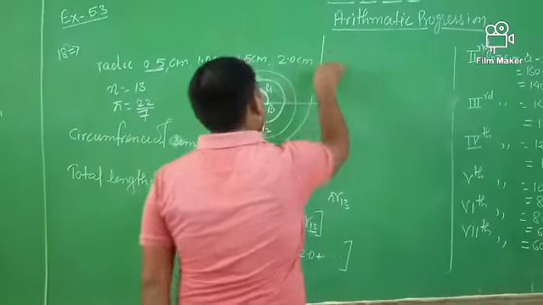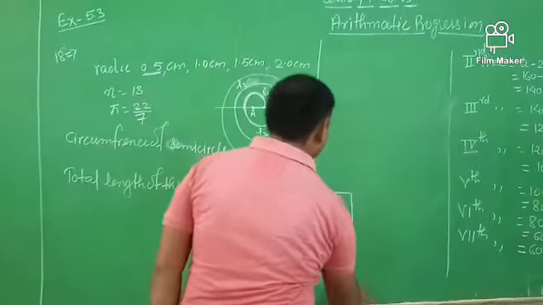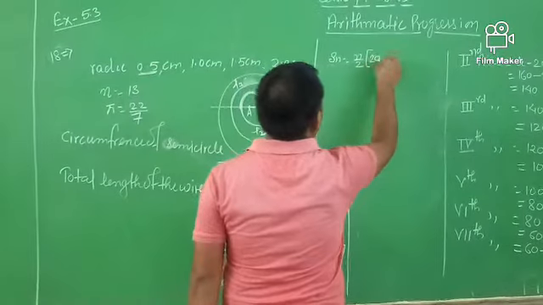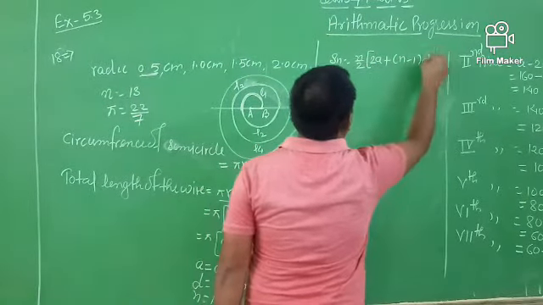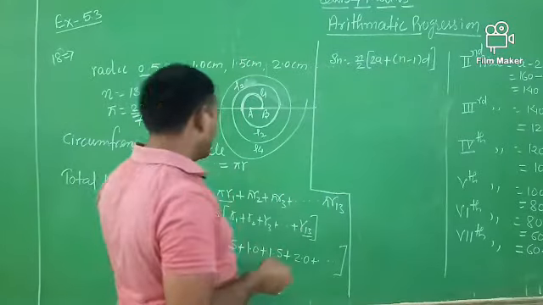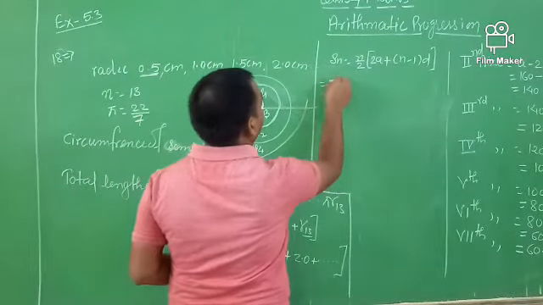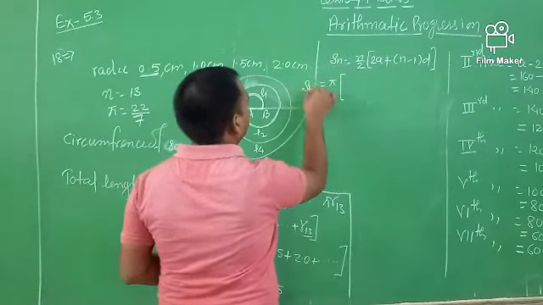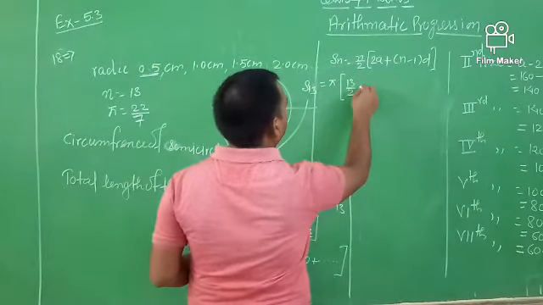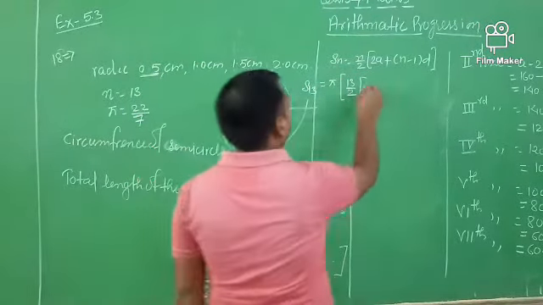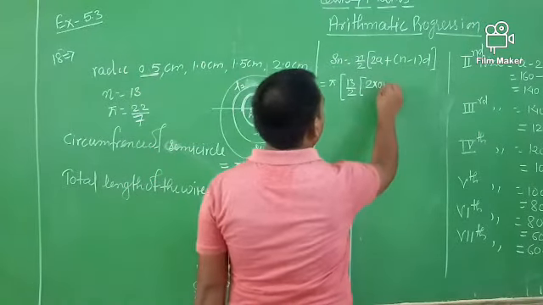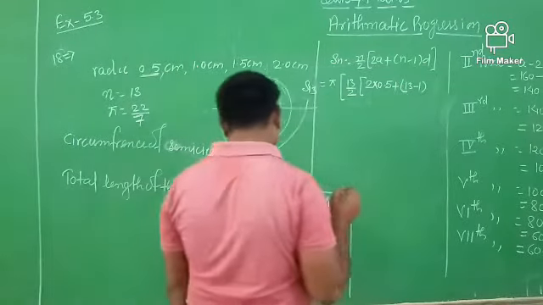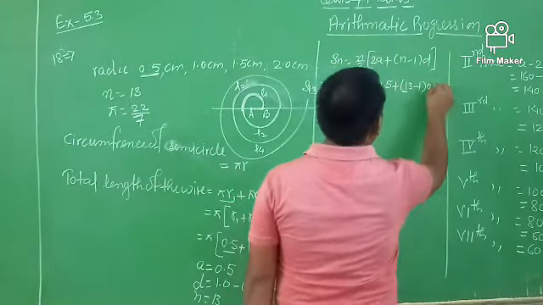So you apply the formula for the sum of n terms: Sn is equal to n by 2 times the bracket 2a plus n minus 1 into d. Putting the values in, this is pi times S13, which is 13 by 2 times the bracket 2 into a, the first term 0.5, plus 13 minus 1 into d, where the difference is also 0.5.